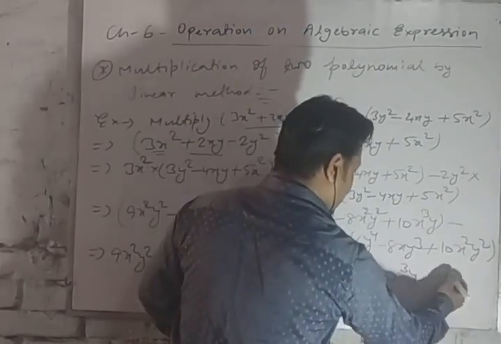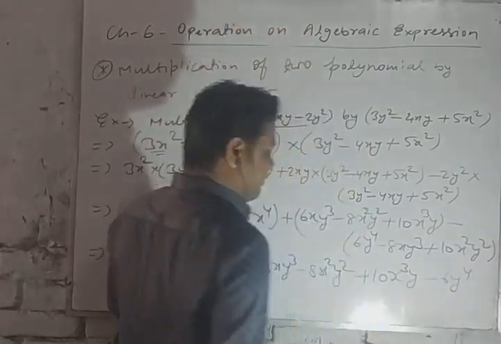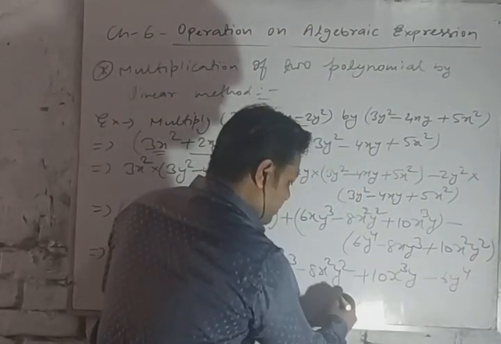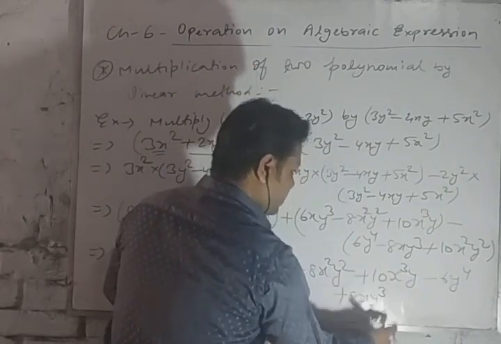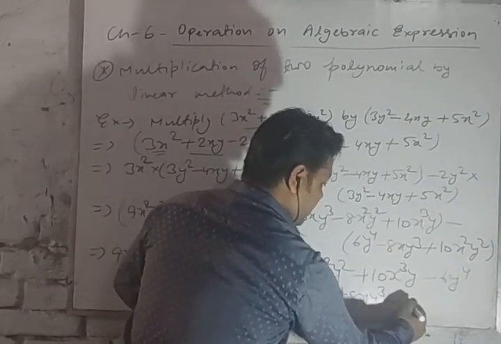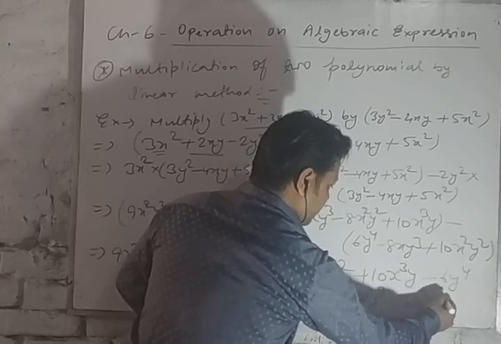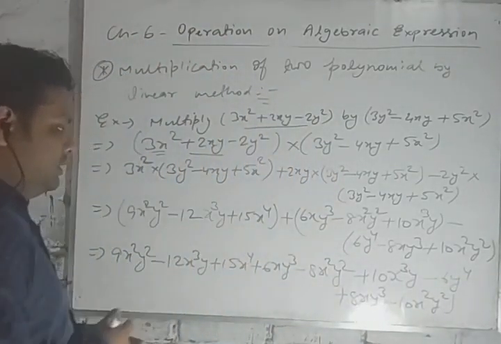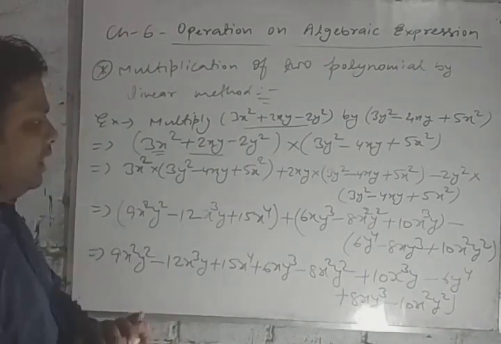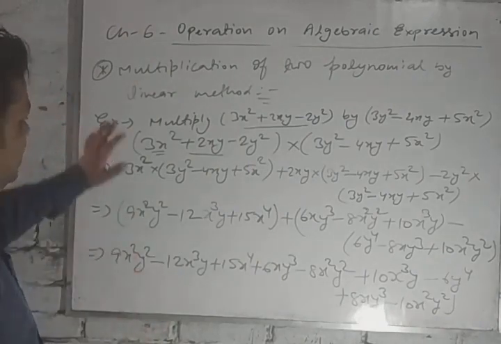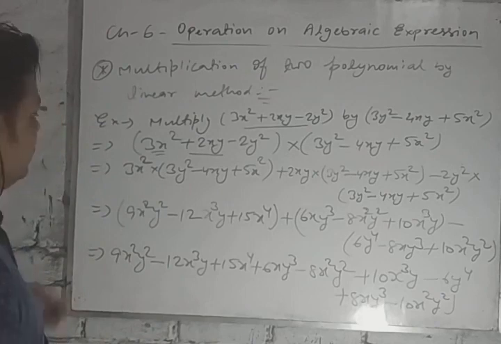So minus 6y to the power 4, here it will be plus 8xy cube, here minus 10x square y square. Like this we will remove the bracket. Now we will solve. Okay, now I am erasing from above.